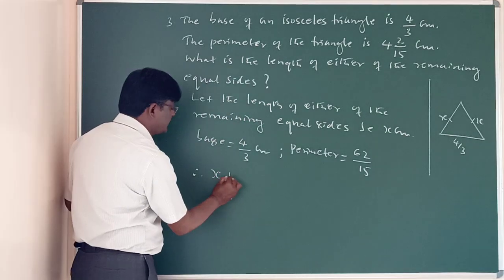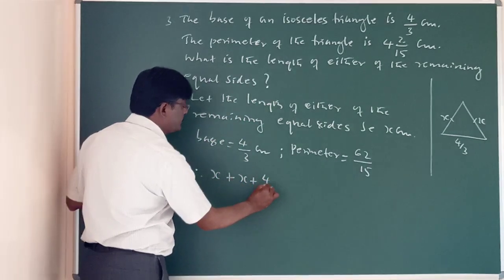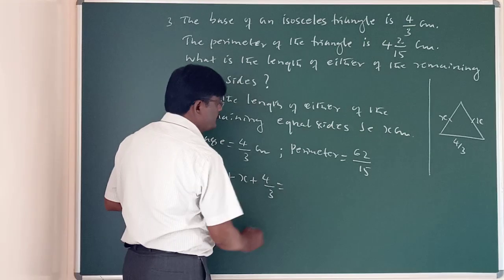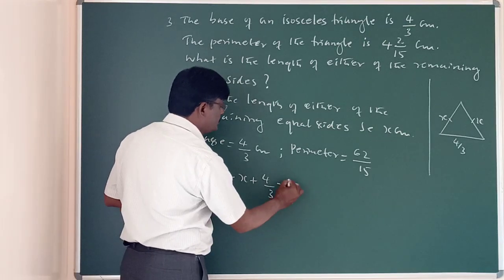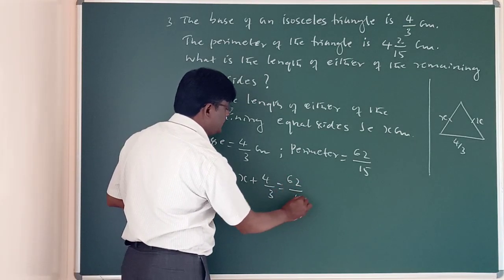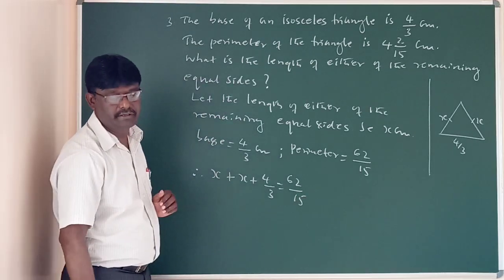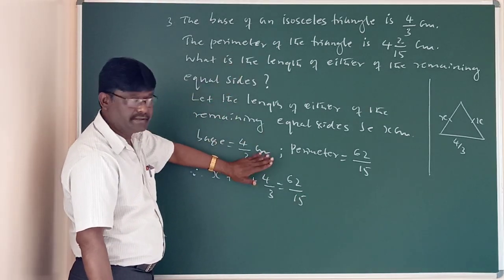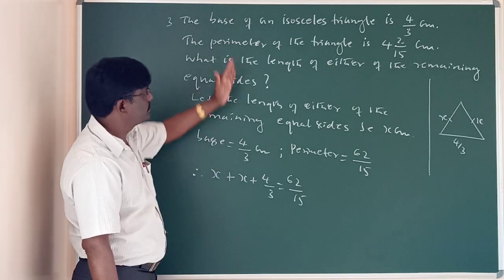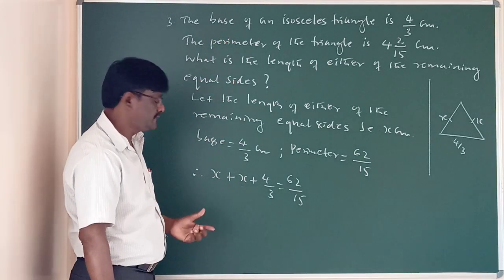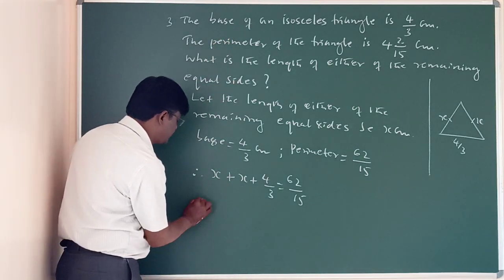So x plus x plus 4 by 3 equal to perimeter equal to 62 by 15. So we got the required equation according to the given statement. Now we shall simplify this.